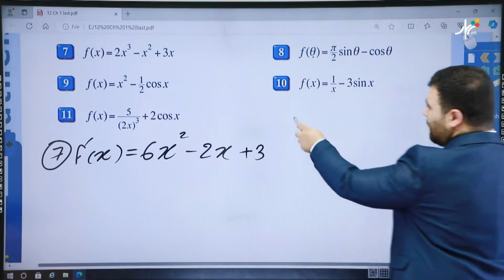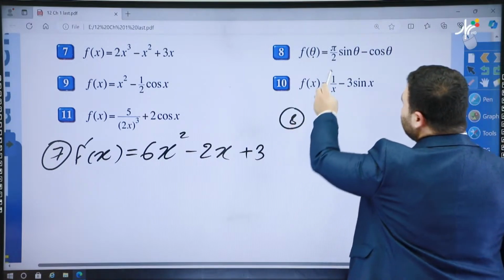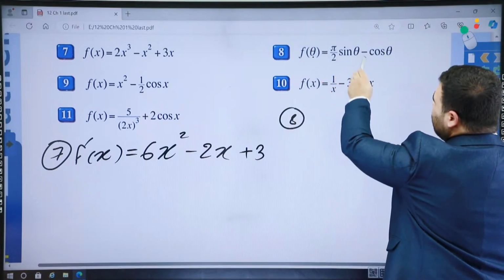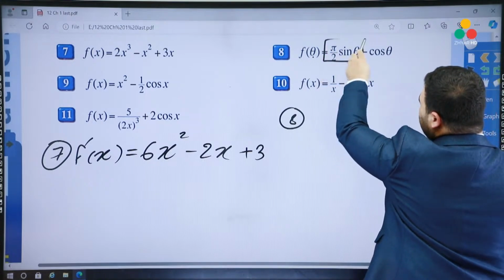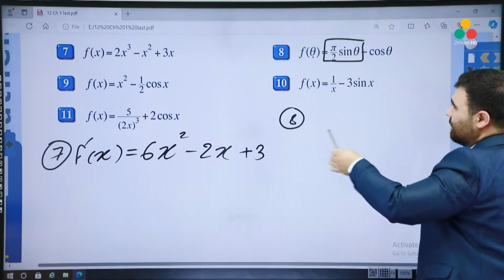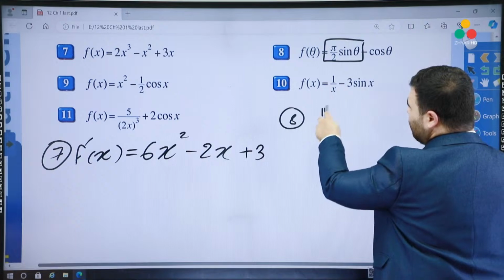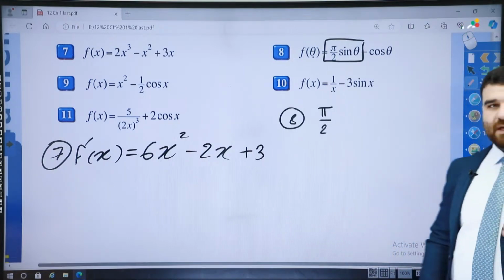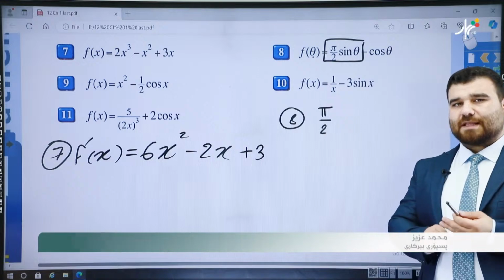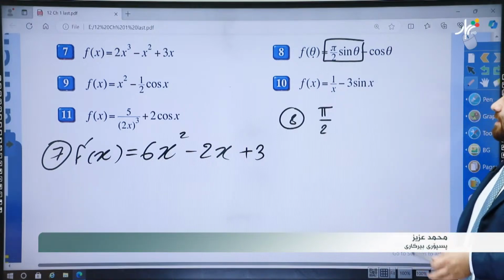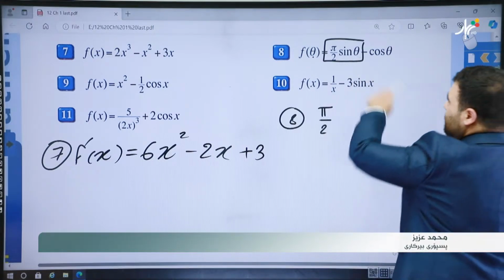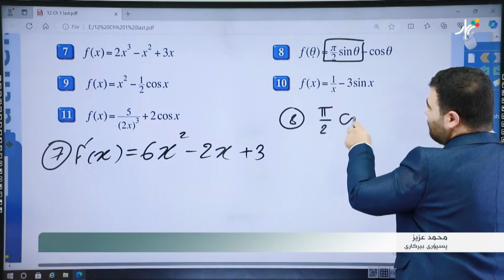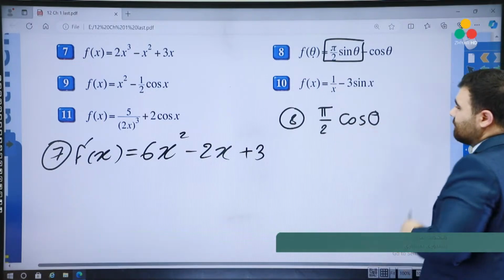Now, question 8. Derivative of sine theta. If there is a number before a function, this number doesn't affect the derivative. Pi over 2 is a number. Pi is a number. Pi is not a variable. But theta is a variable. X is variable. Y is variable. Derivative of sine is cosine. Cosine theta.